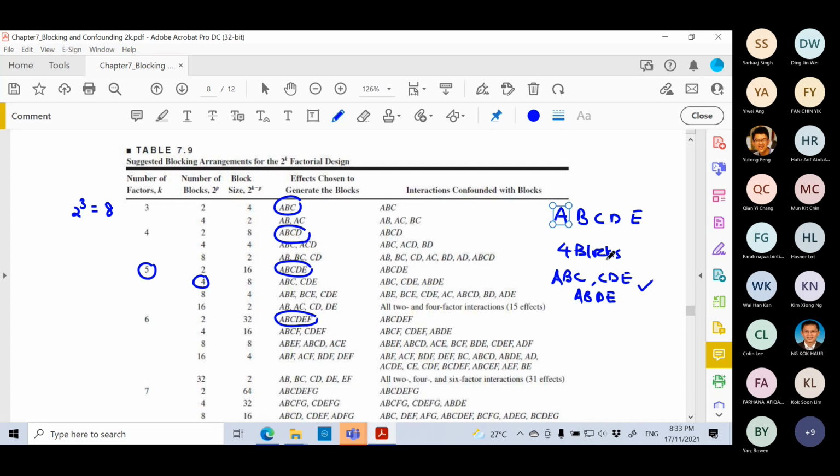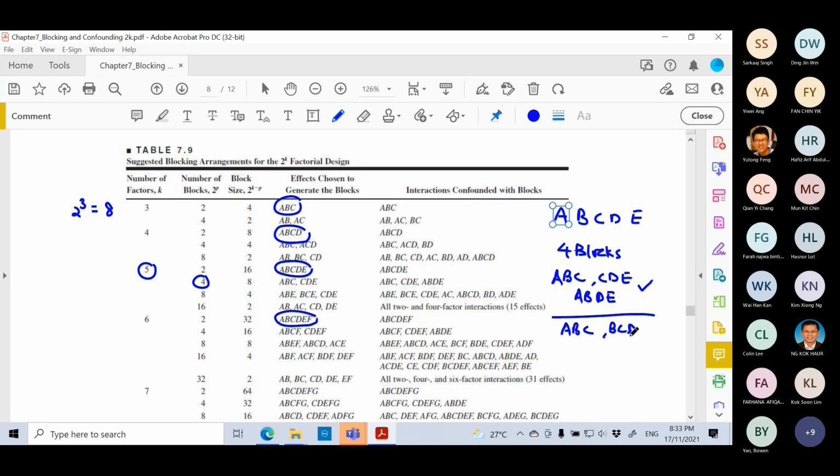So this option will be fine because 3 factors will be missing, and this 4 factor interaction is fine. Okay, you can have another option. Let's say I choose ABC, and I choose another one, BCD.